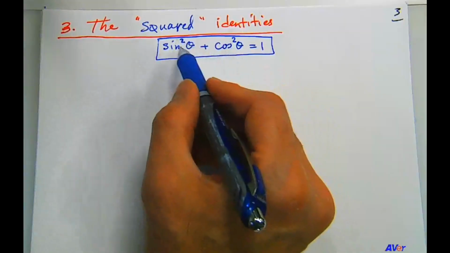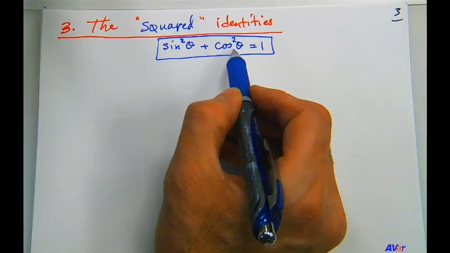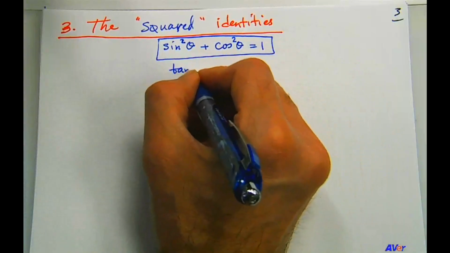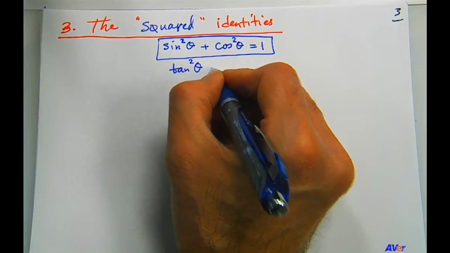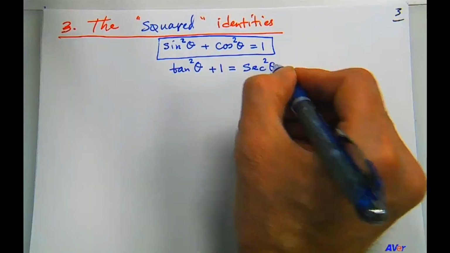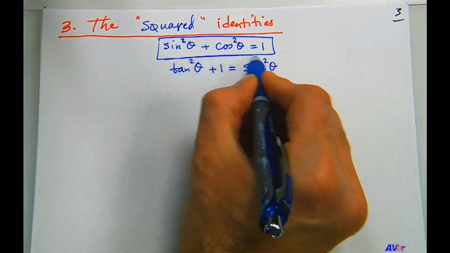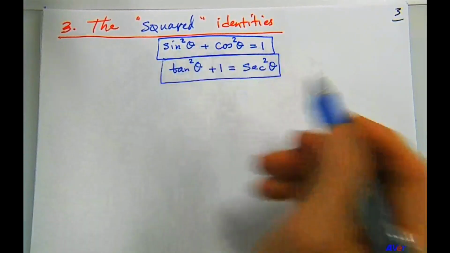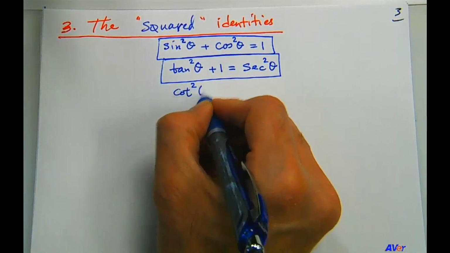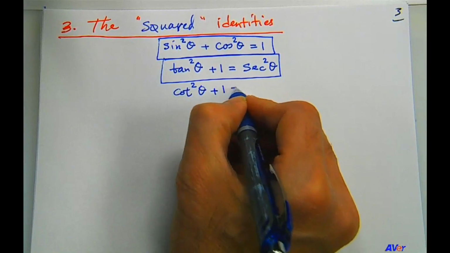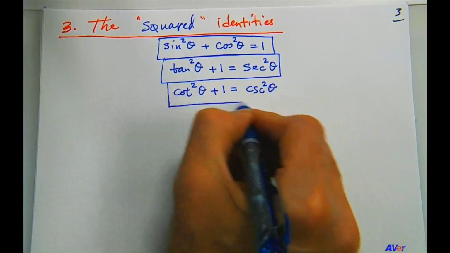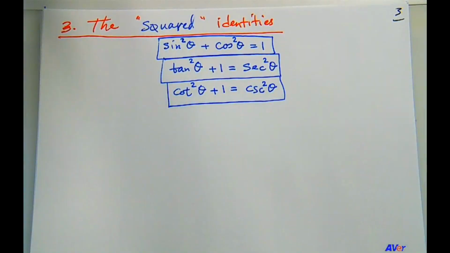If you have sine squared and cosine squared of some angle, they add up to 1. And tangent squared theta plus 1 is equal to secant squared theta. And of course, cotangent squared theta plus 1 equals cosecant squared theta. So these are the squared identities.